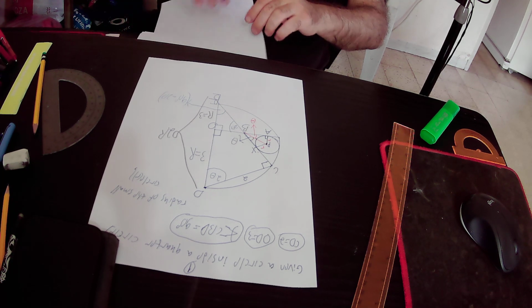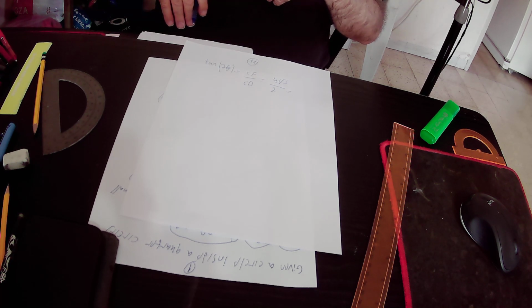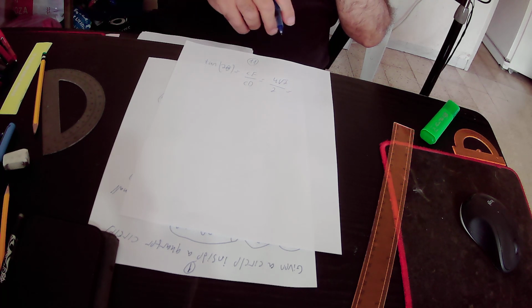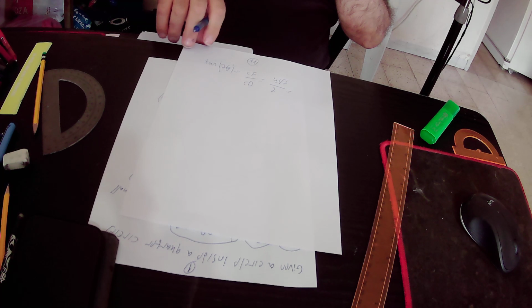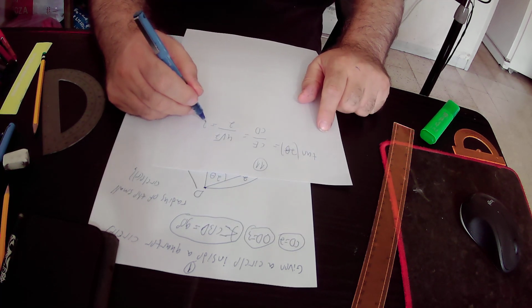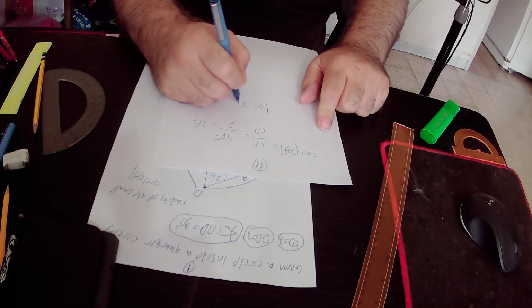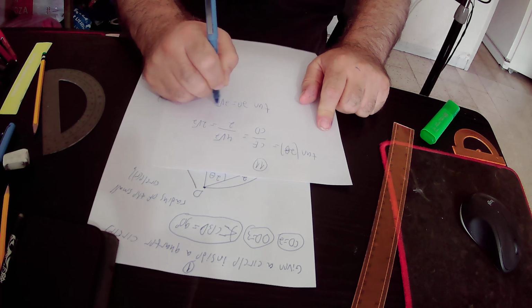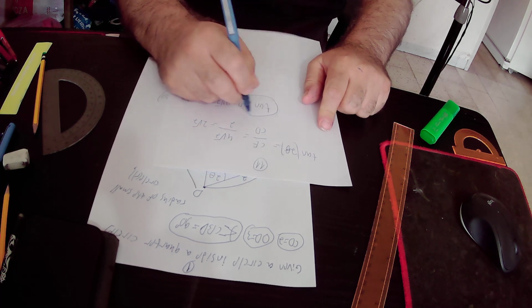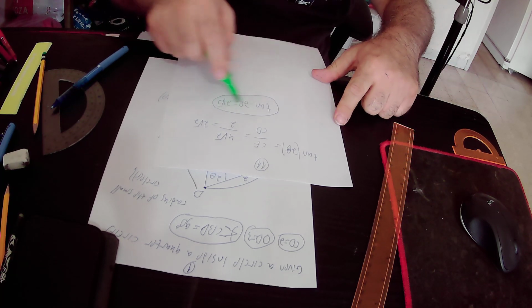So in total we got that tangent 2 theta equals 4 times root 2 over 2. So 4 over 2 is 2. So tangent 2 theta equals 2 times root 2.